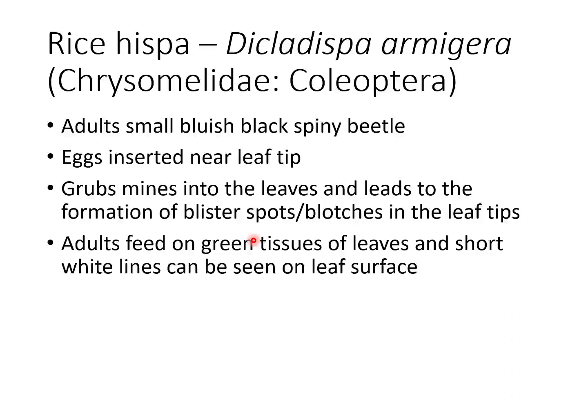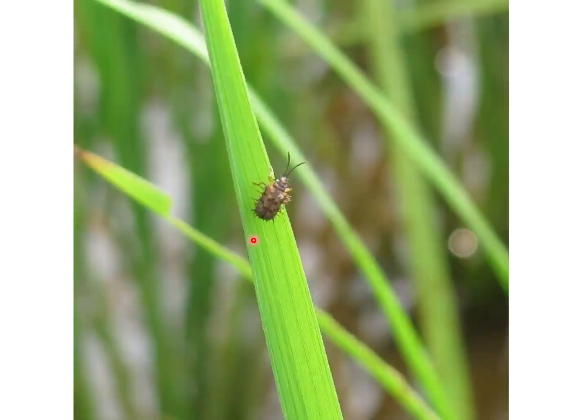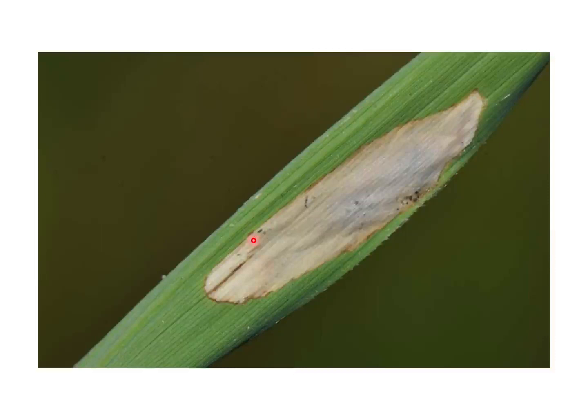One typical feature is that the grub of rice hispa is a leaf miner. That means the grubs, once they hatch out, mine the leaves and it leads to the formation of blotches or blisters on the leaf tip. Here you can see it clearly. You can see there is a blotchy appearance on the leaf surface.